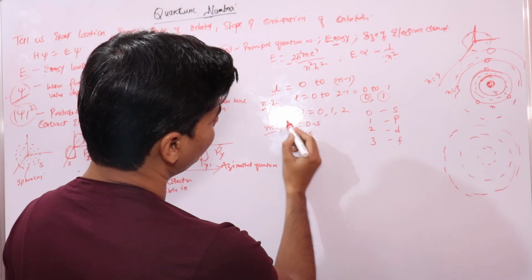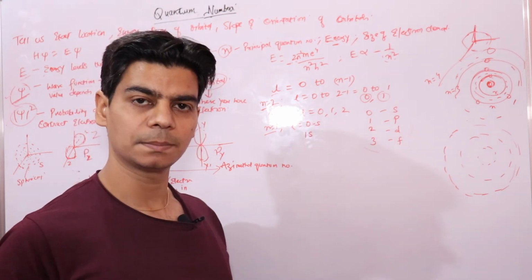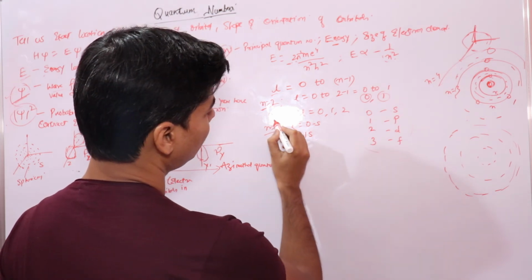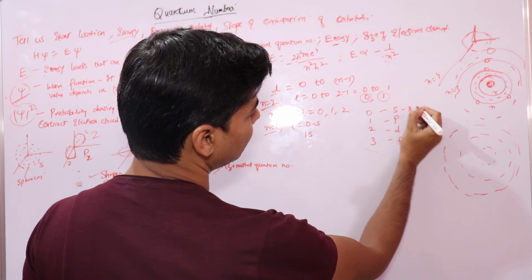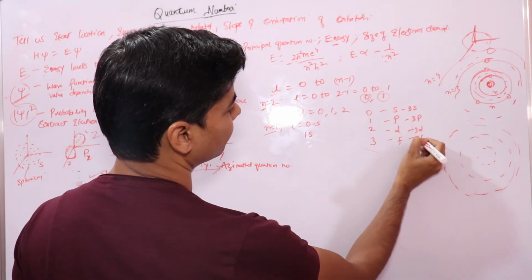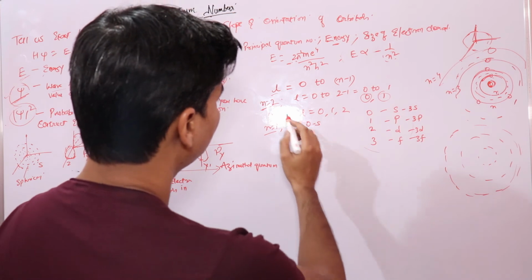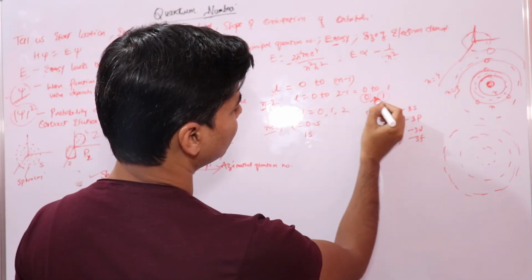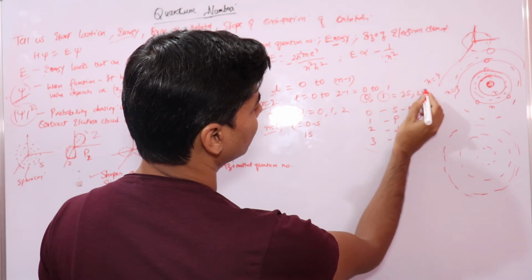Here, we have calculated these orbitals or subshells for n equals 3. We will represent them like this: 3s, 3p, 3d. And for n equals 2, we have 0, 1, so this is 2s and 2p.